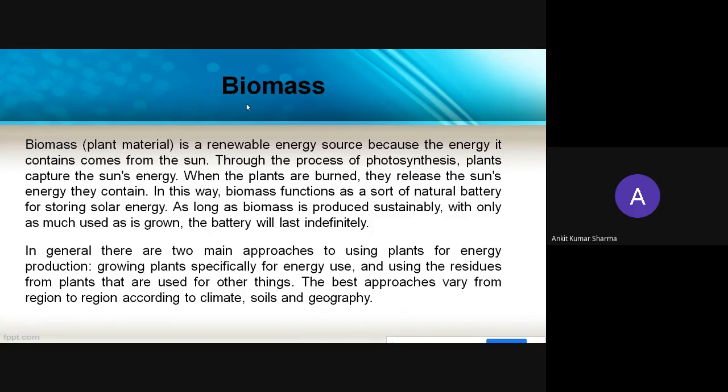So when we burn the plant, or the wood, it releases energy, and that released energy is directly proportional to the sun's energy.